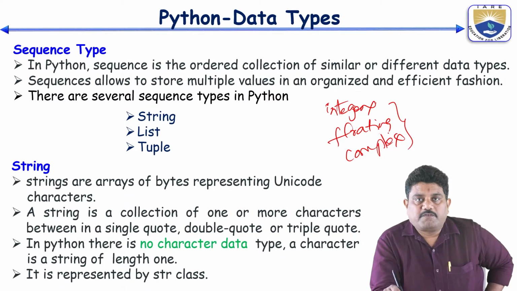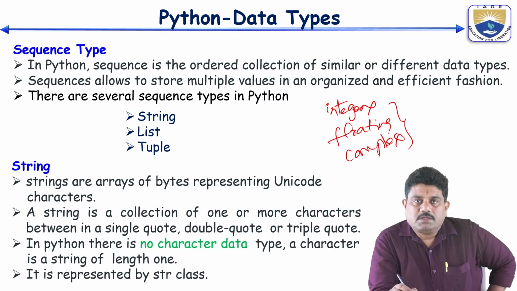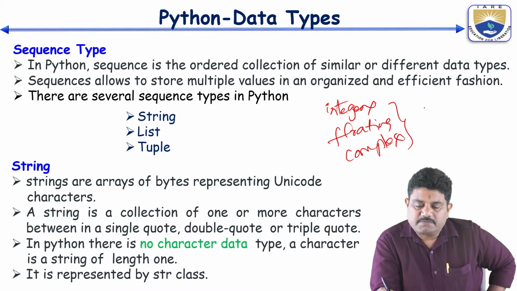In these types of variables, we can assign a single value to the variable. For example, if you take a equal to 5, you can assign a single value at a time. You cannot assign 5, 6, 7, 8.